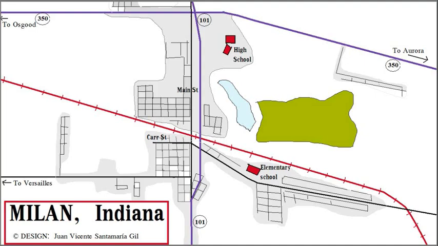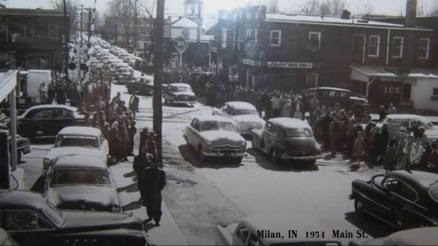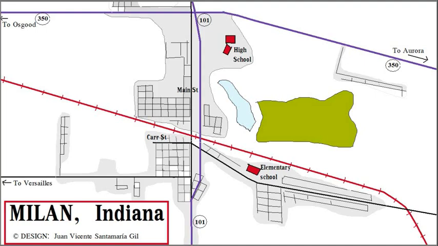This is a simple map of the city of Milan today. In the 50s, the core area was south of the railroad. This was downtown Milan.